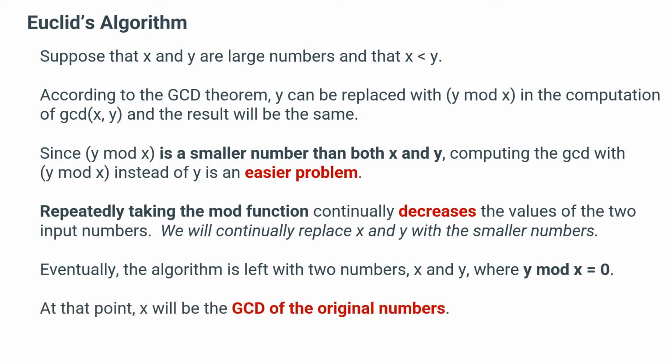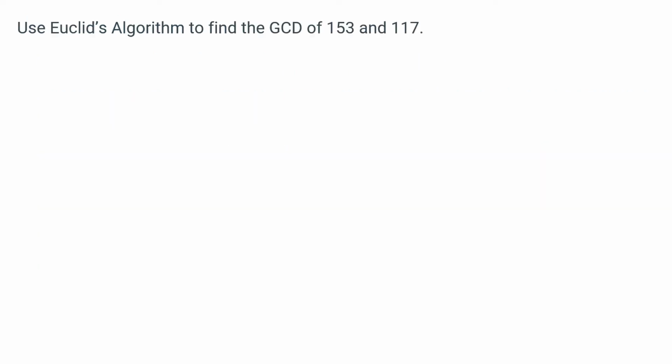And at that point, x will be the GCD of the original numbers. Now, this is just the overview of what we do for Euclid's algorithm, but now you're going to see it done. Once you see it done, then it makes a whole lot more sense.